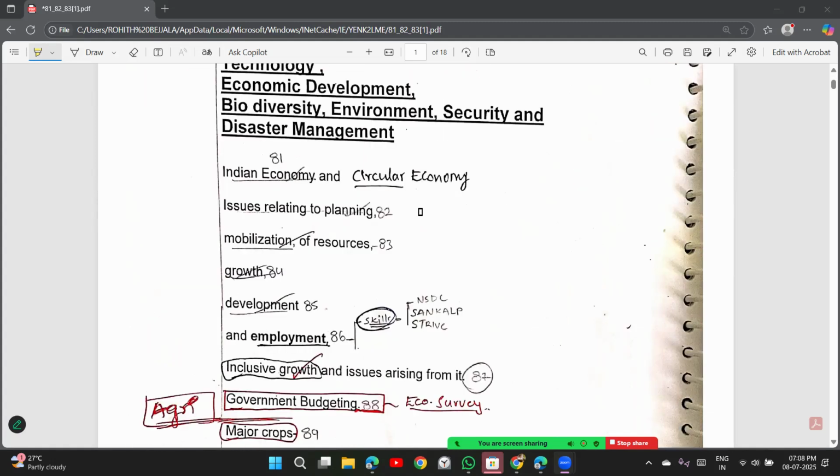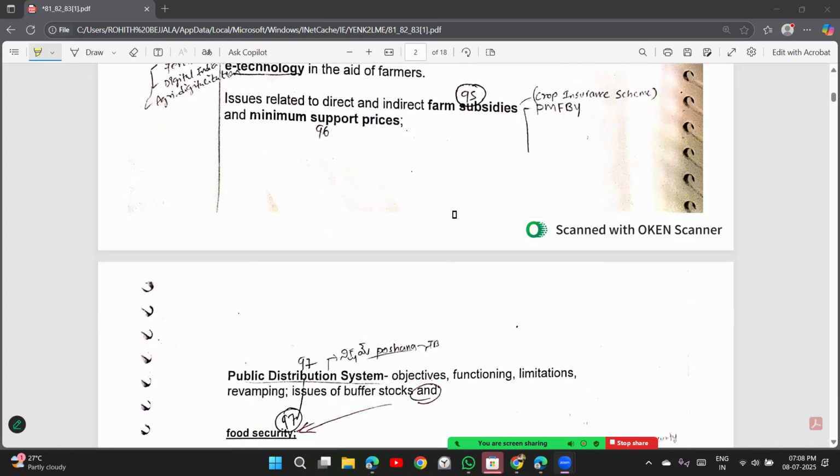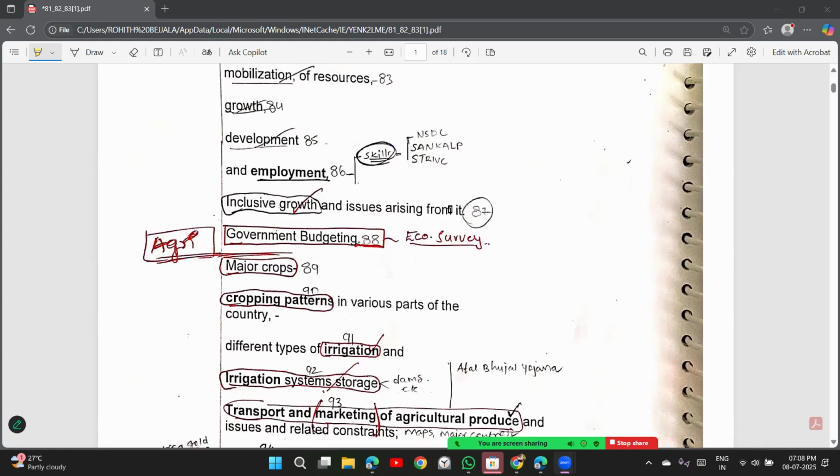Now we'll be doing topics 82, 83, and 84. Firstly, we'll see the mains questions that have been asked, so that we understand the broad points of how we must make our notes.